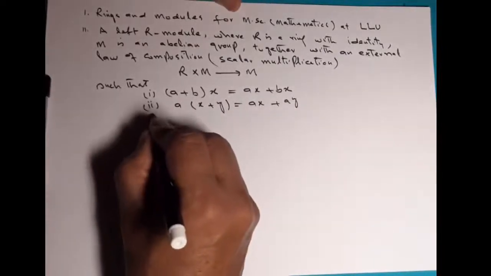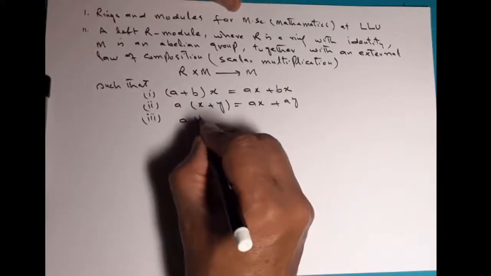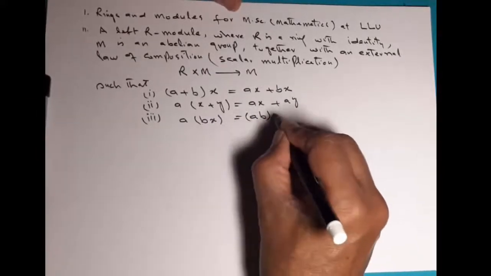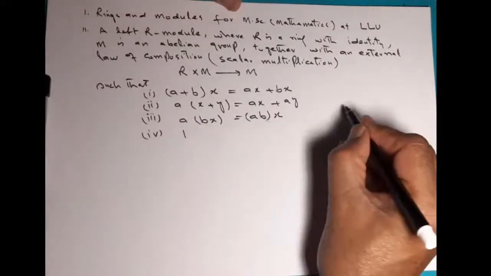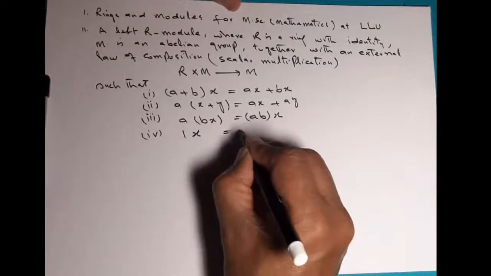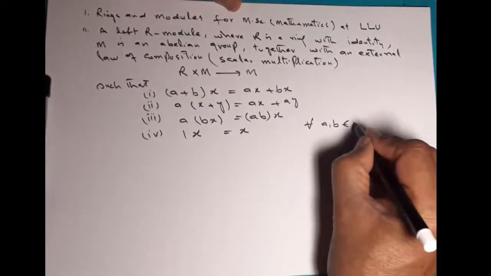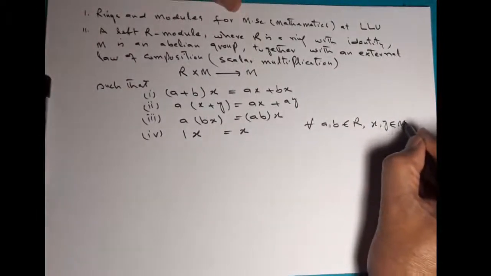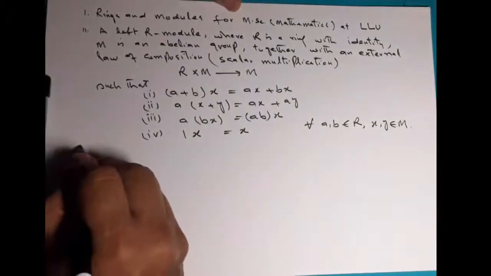Then number 3, A multiplied with BX is equal to AB multiplied with X. And then number 4, the identity element of the ring multiplied externally with X is equal to X. This is for all A, B belonging to ring R and X, Y belonging to abelian group M, which is the module. So this is the definition of left R module.